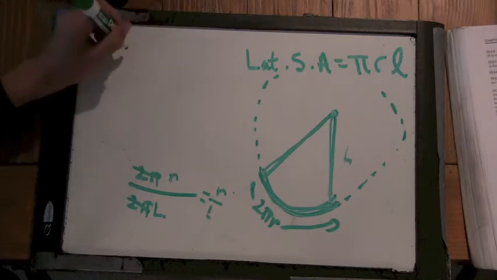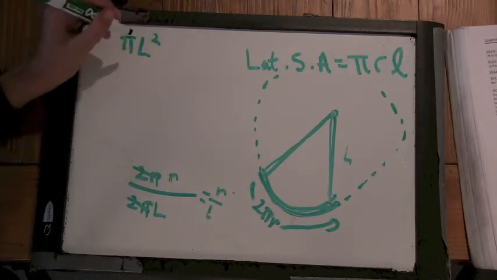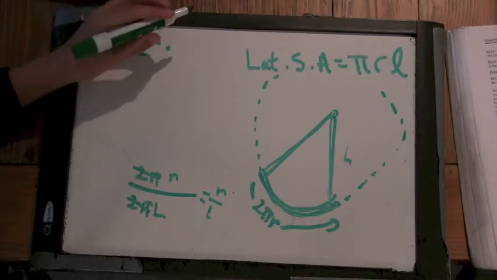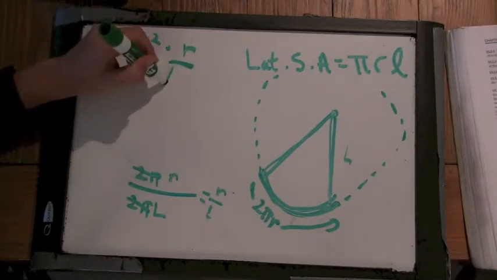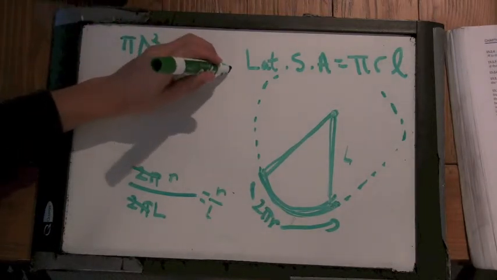So it's pi L squared times R over L, which with the canceling gets you to pi r L.